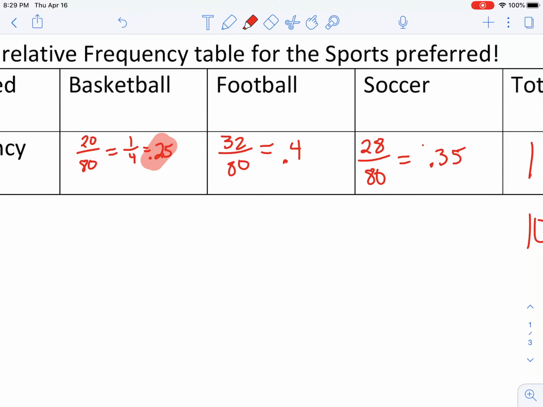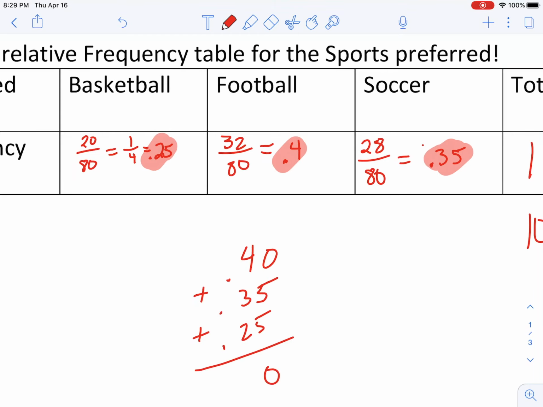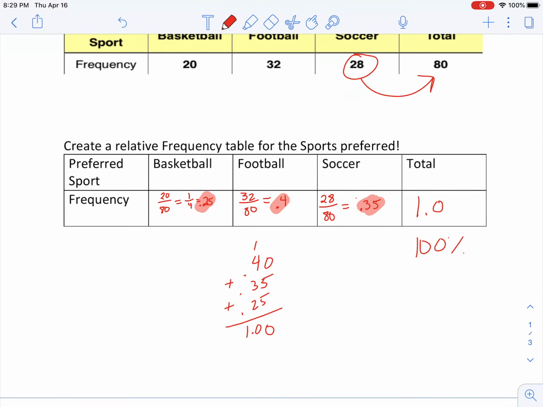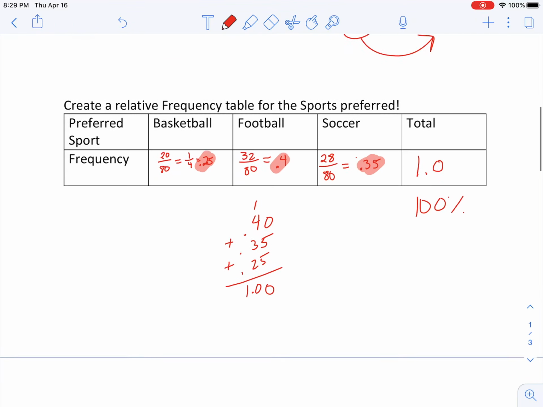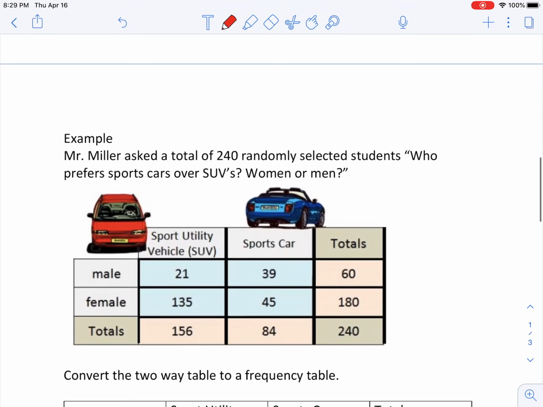So if you add these numbers together, 0.40 plus 0.35 plus 0.25, you get 0, carry the 1, 4 and 3 is 7, 8, 9, 10, so this would be 1.0. See how it adds? It has to add up to 100%.